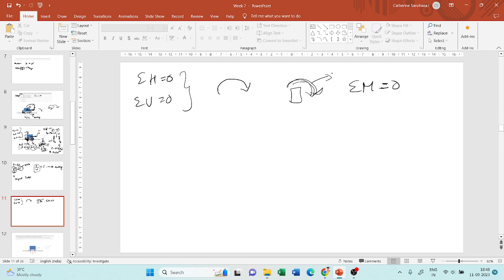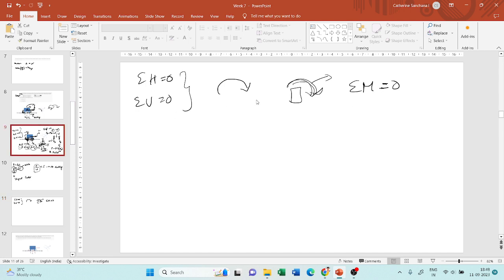Okay, so the forces causing the turning moments have to be equalized, so that you will know how to avoid overturning. Okay, so summation of moment is 0.